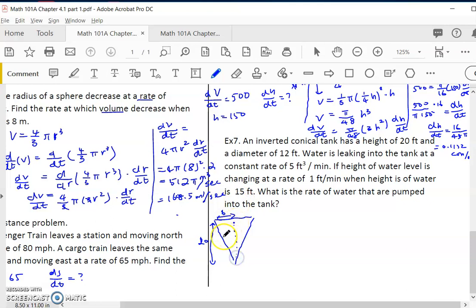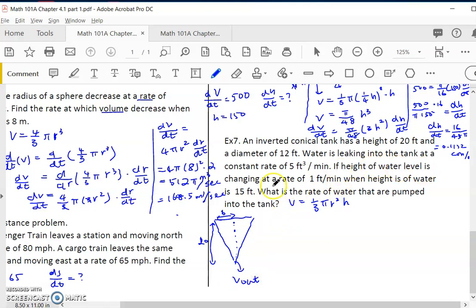We like to use the radius because when we write V equals 1/3 pi r squared h, h is related to r, not the diameter. So that's why we like this. And then the water is leaking out of the tank at a constant rate of 5 feet per minute.